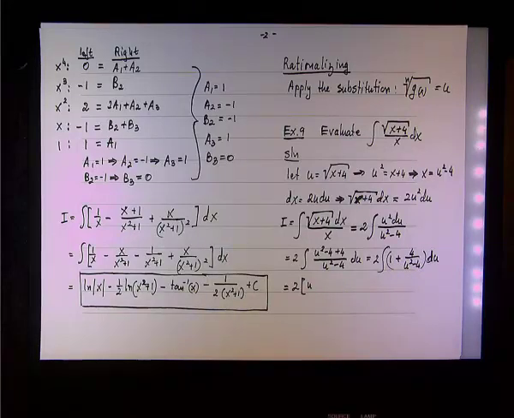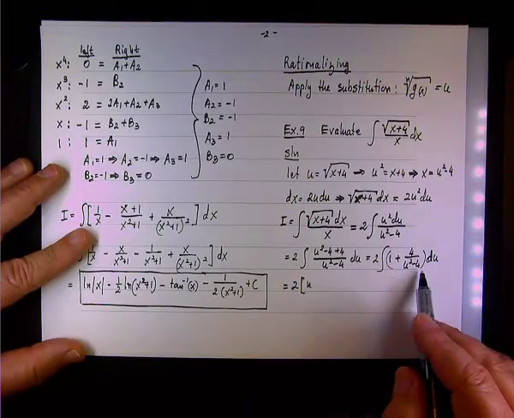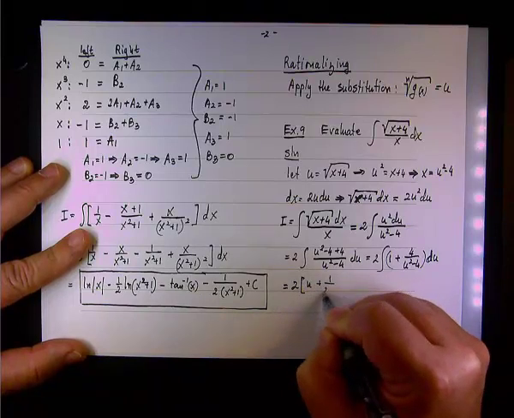Remember, early when we started partial fractions, we said if you have x squared minus a squared, you factor it as x minus a times x plus a, and the result was 1 over 2a times the natural log of x minus a over x plus a. And I told you that you can use it in the future, where the future is now.